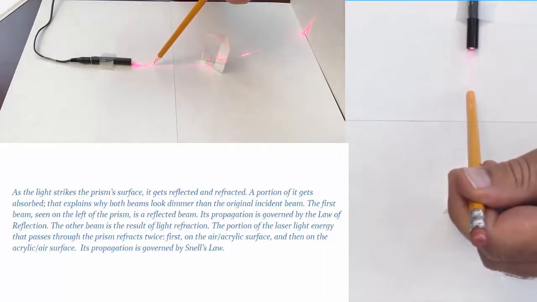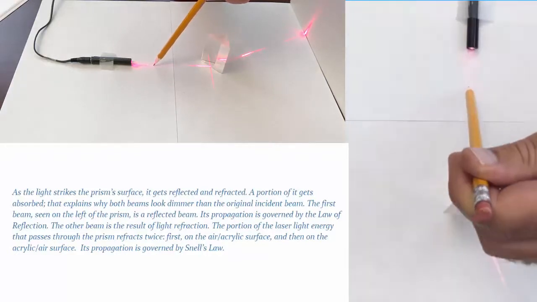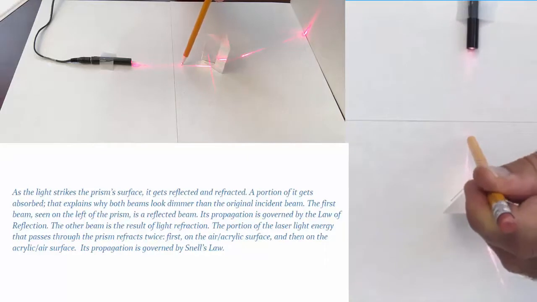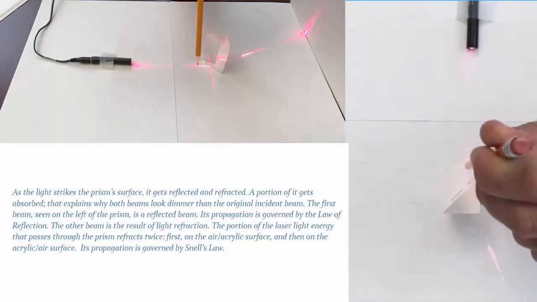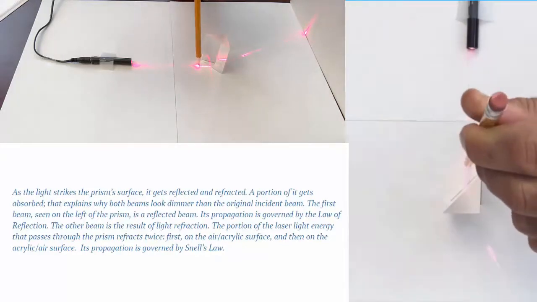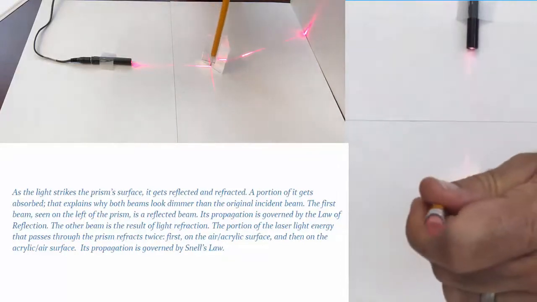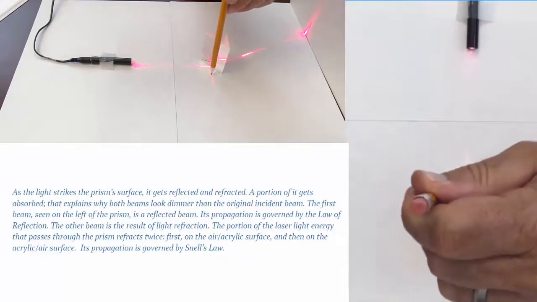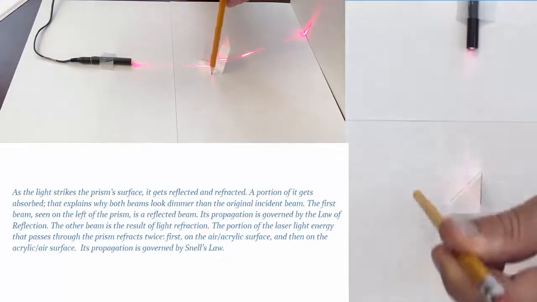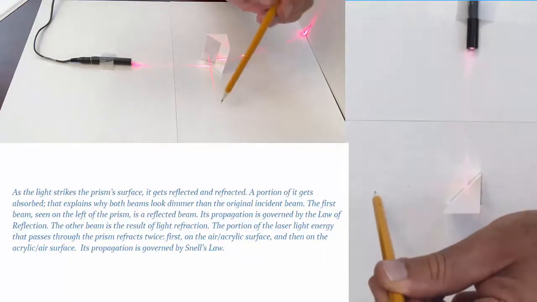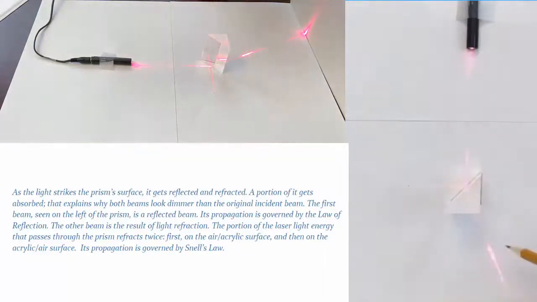You can see here how the laser beam is hitting the pencil, so that's going to be one of our dots, and then there's going to be another dot right here, and then a few more dots on this incident light ray. And then over on the other side, we are also going to mark a few dots along the reflected ray, and then also a few dots here along the refracted light ray.